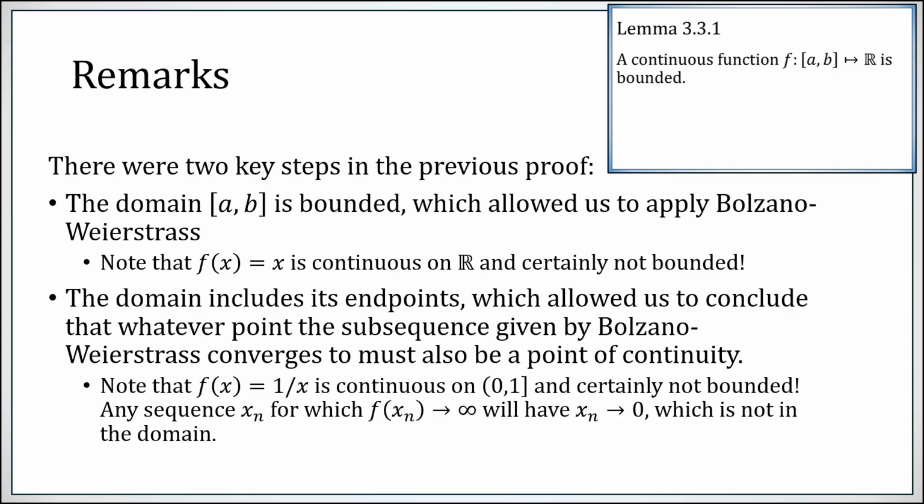So continuity at the point the sequence in the domain is converging to was crucial. Therefore, we need continuity including the endpoints of the interval. And a counterexample is 1 over x. This is continuous on the interval from 0 to 1, not including 0, but it's definitely unbounded as you approach 0.